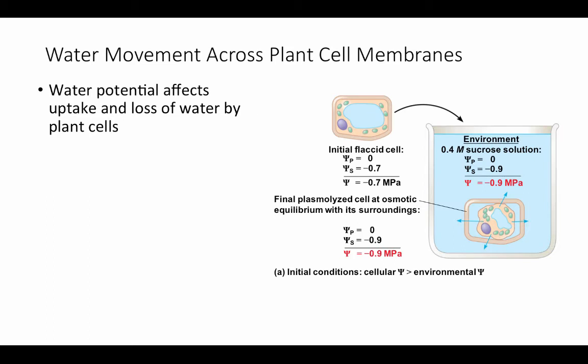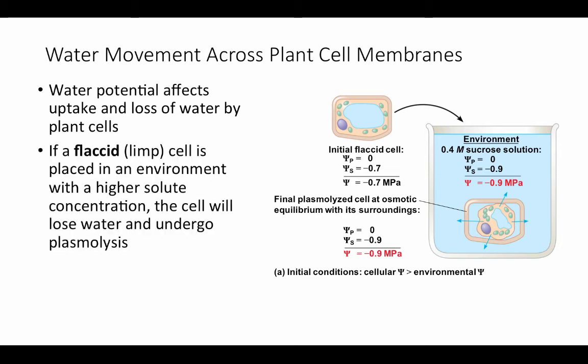So let's take a look at how to use these ideas. Water potential affects uptake and loss of water by plant cells. We worked on this in more qualitative terms when we were talking about osmosis. Now we're going to look at this more quantitatively in terms of these potentials. Let's imagine we have a flaccid cell. It's limp, it's not exerting any turgor pressure.